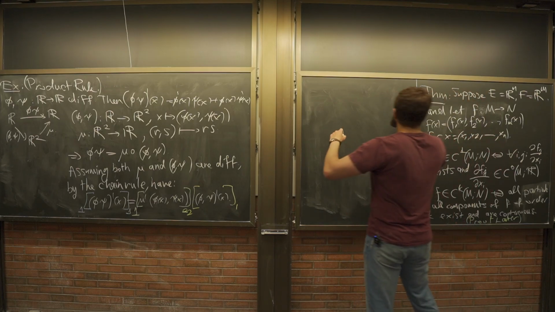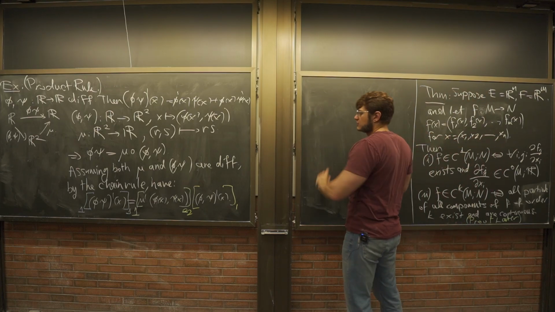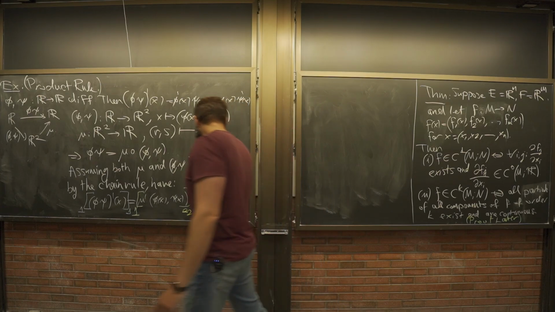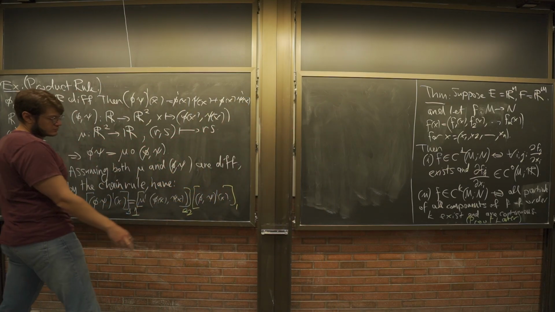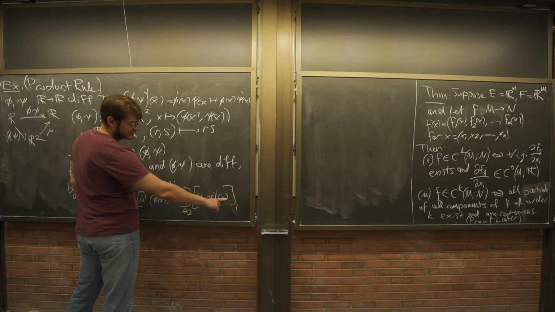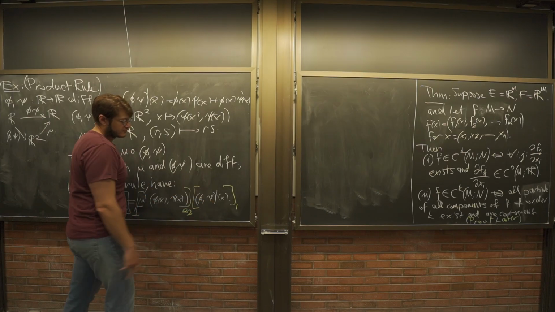So what is this, for instance? Well, what can it be other than the 2 by 1 matrix, where the first coefficient is the derivative of this, and the second coefficient is the derivative of this?